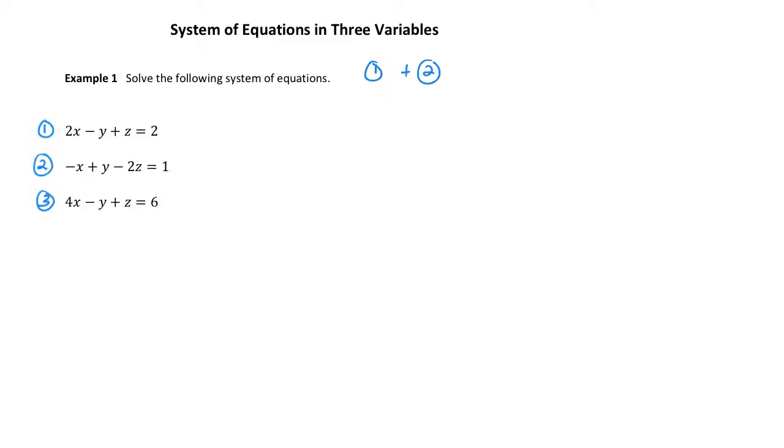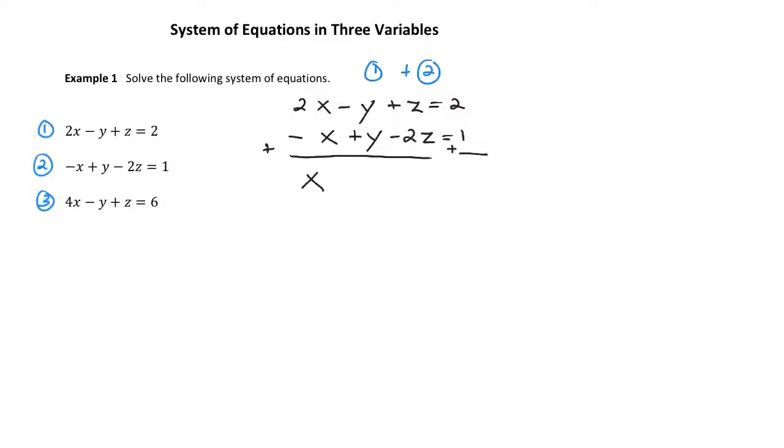That's 2x minus y plus z is equal to 2, added to negative x plus y minus 2z is equal to 1. When I add these together, I'm left with x. The y's cancel. I have minus z, and that's equal to 3.